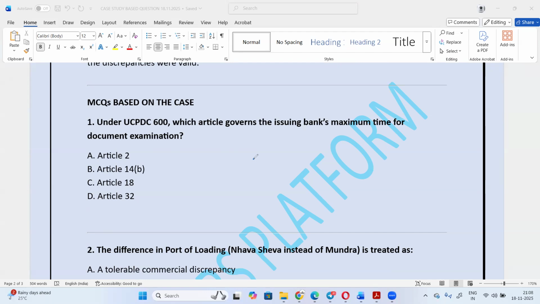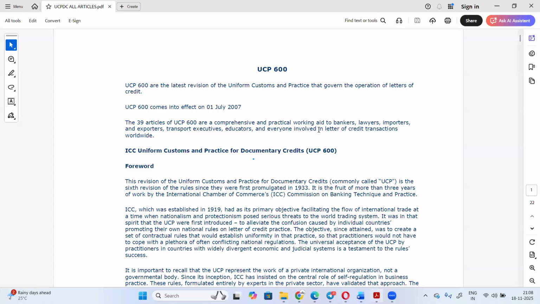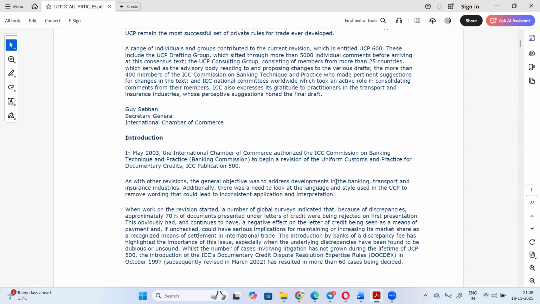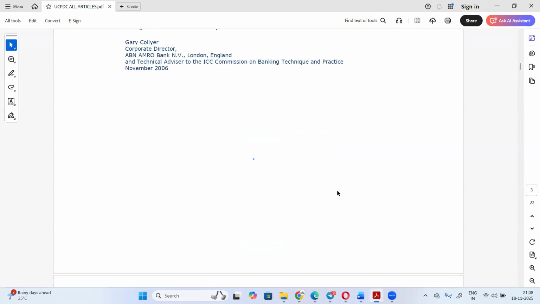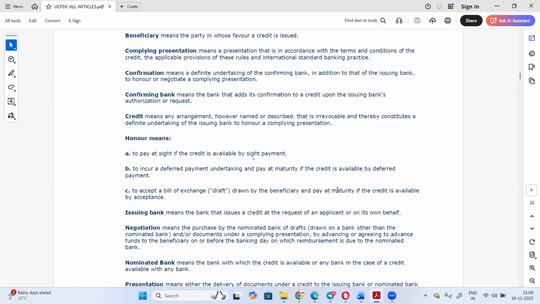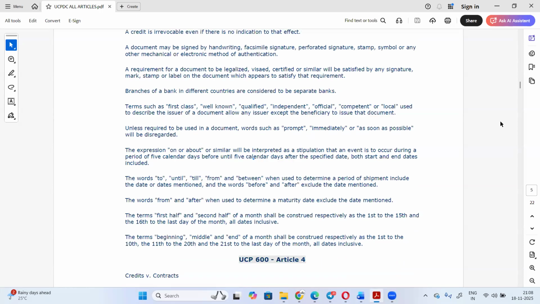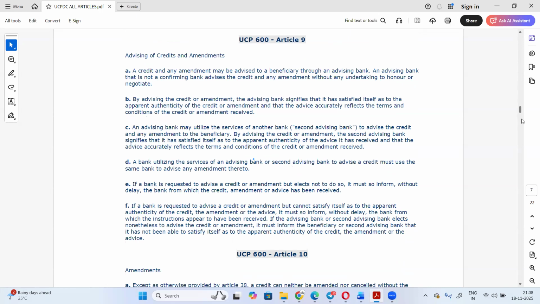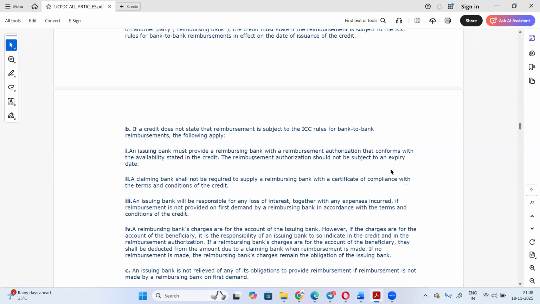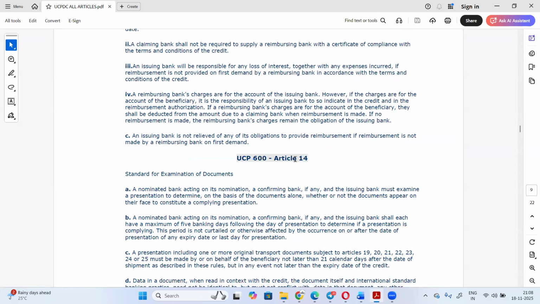Now, if you know all the rules of the UCPDC, only then will you be able to answer. So if we move to our PDF, the UCPDC all articles, here we will go to Article 14. Article 14 is made for standard for examination of documents.